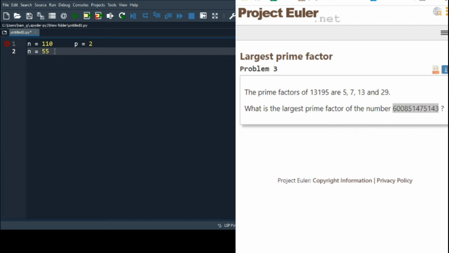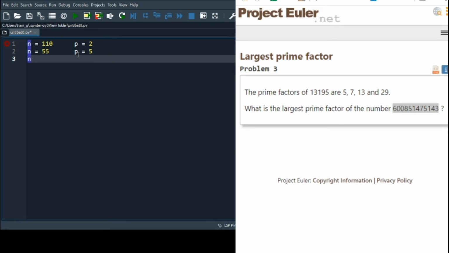n equals 55. Now, 55 does not divide by 2. So we increment p. p goes up to 3, and n does not divide by 3. So we increment p to 4, and then up to 5. And now n does divide by 5. So p equals 5.